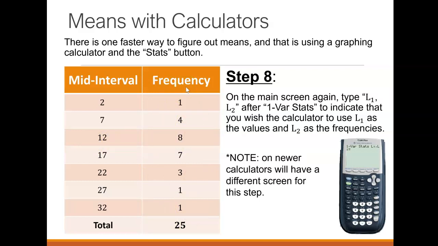To get the lists, you press second and the number 2 to get L2. Second and the number 3 to get L3, etc., if you needed it. Second and the number 2.